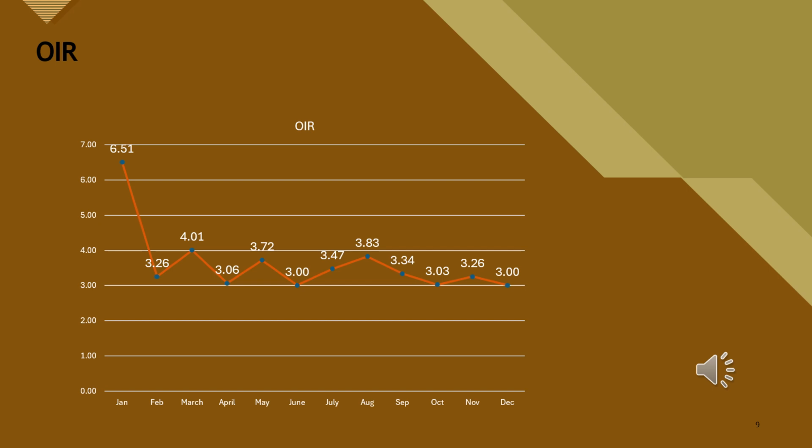So when you're looking at an OIR, you are looking at the rates per month of their incidents. This is an important graph because it shows you the overall rate. This will tell you if your company is in the yellow, red, or green for the month. This is a very important graph.